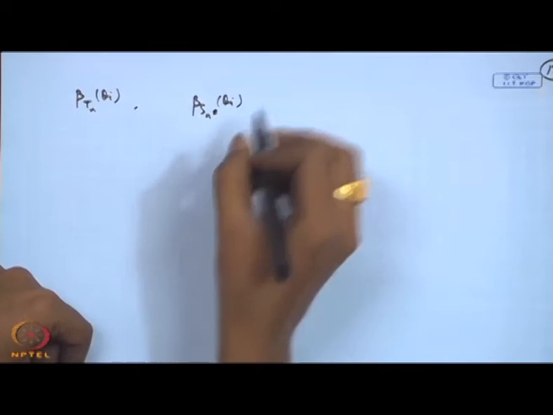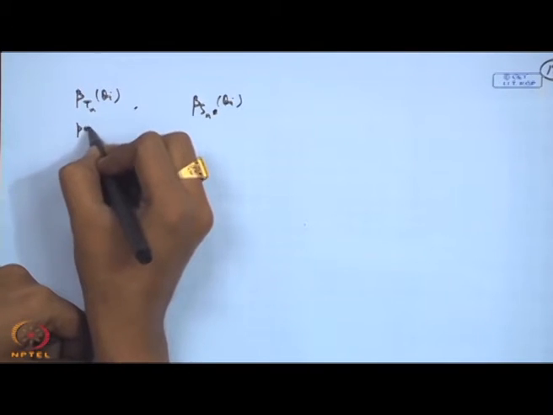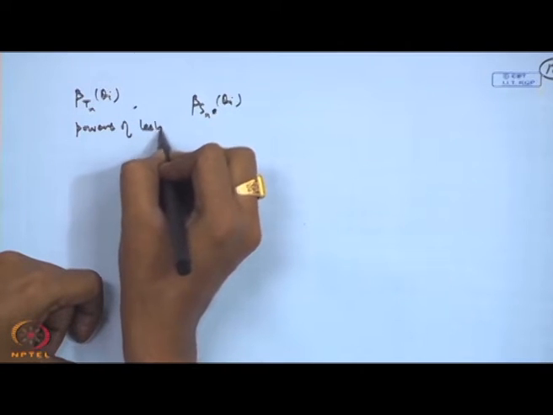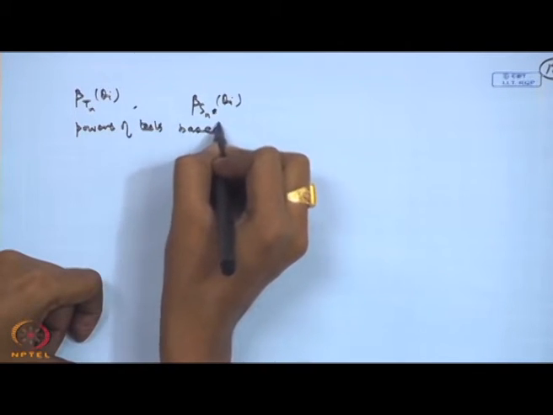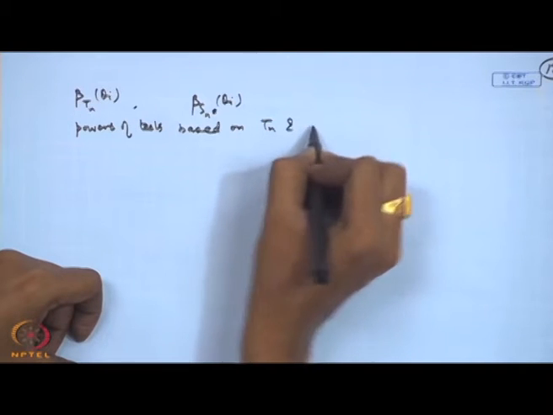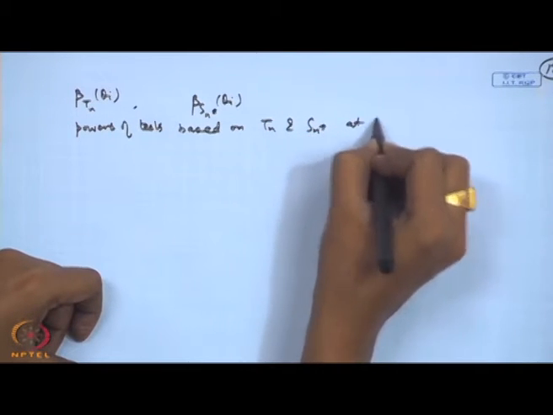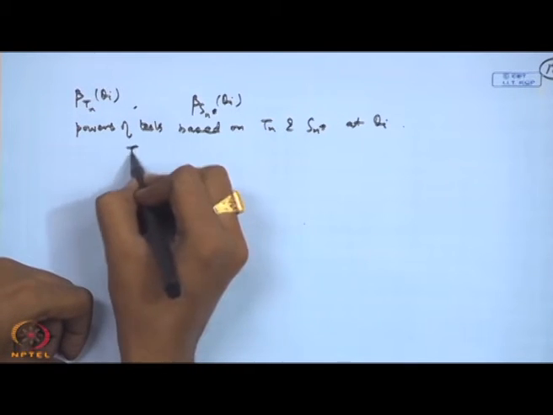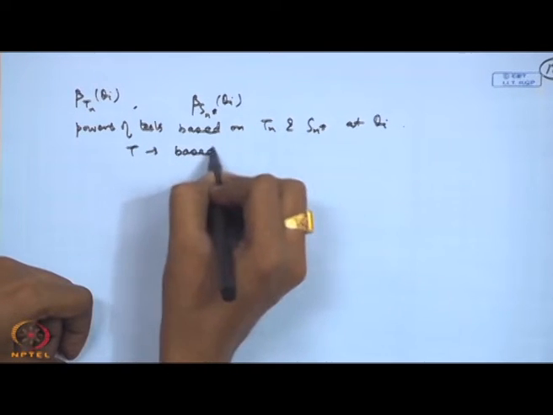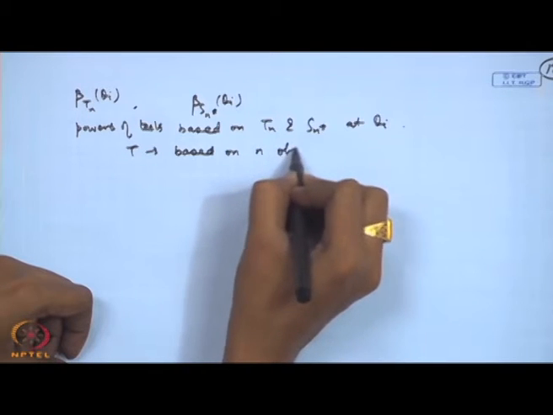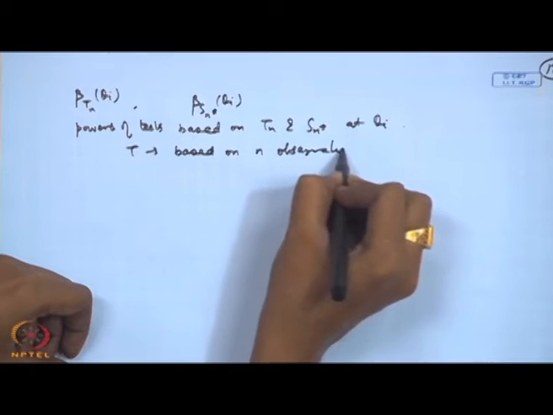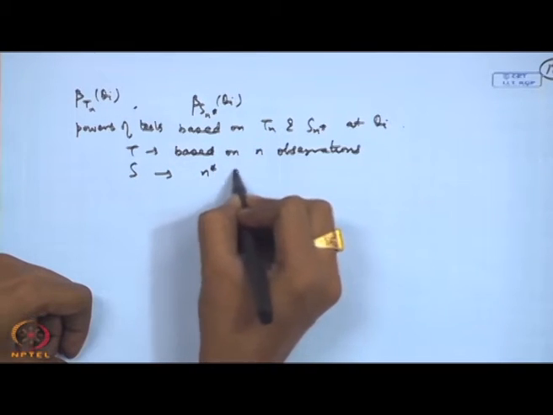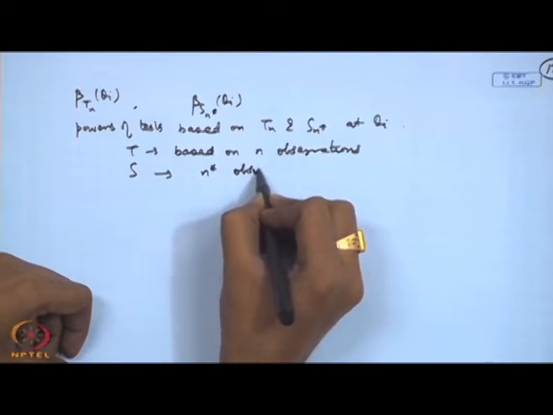So, these are the power of tests based on Tn and Sn star at theta i. So, T is based on n observations and S is based on n star observations.